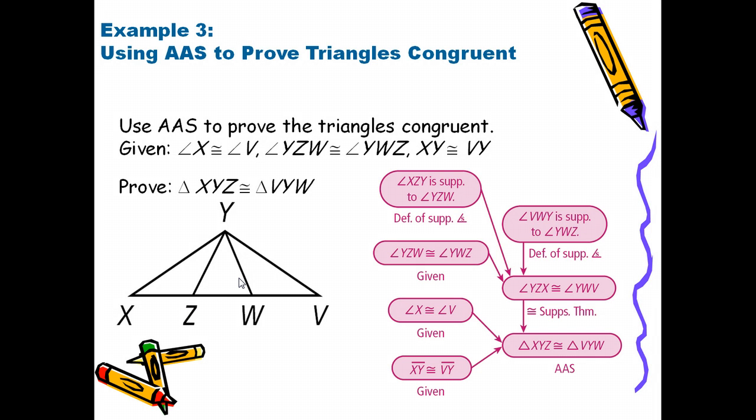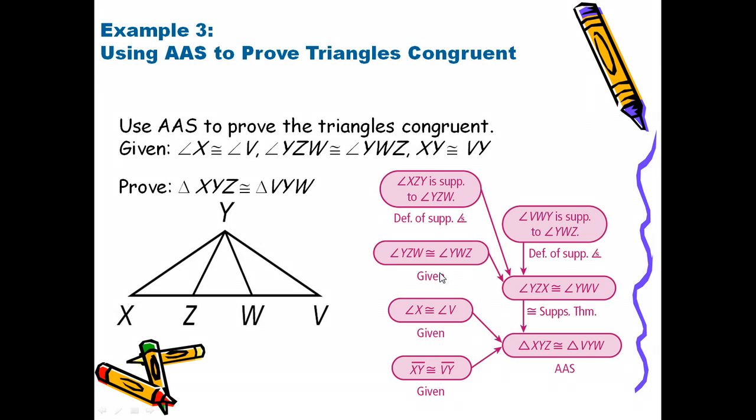That's the definition of supplementary angles. They form a line. And then from that we can say that the angle YZX is congruent to YWV just by using YZW and YWZ are congruent here.